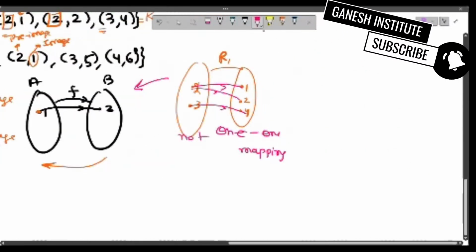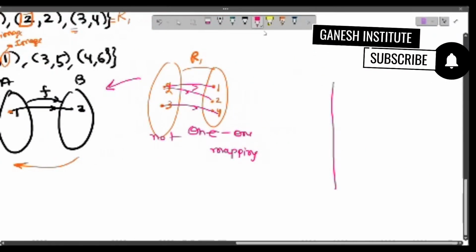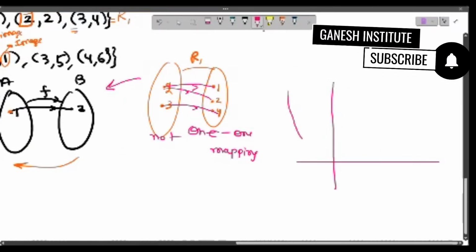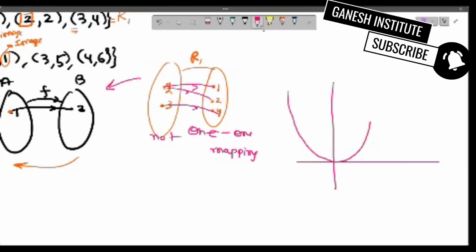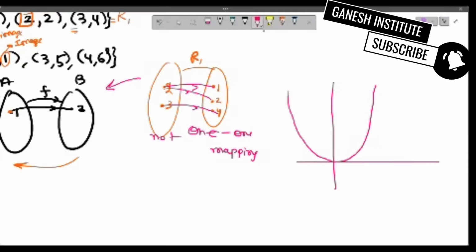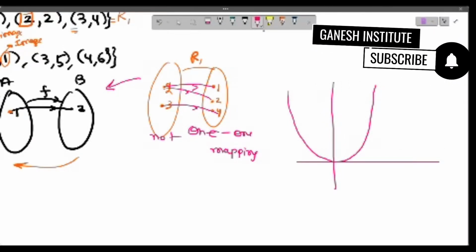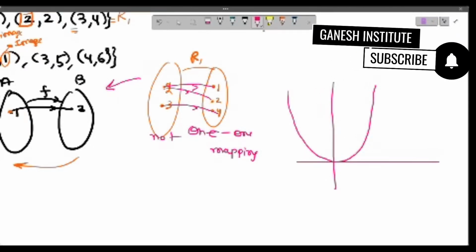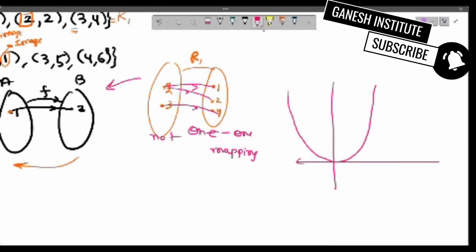For example, if I draw this graph and you have to find out whether it is a function or not. Tell me. This is a parabola.